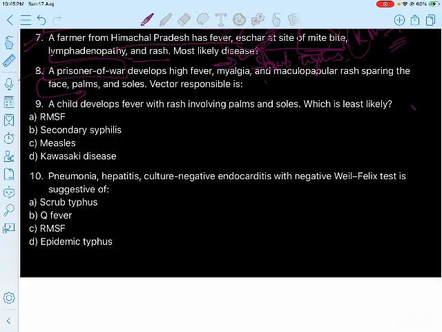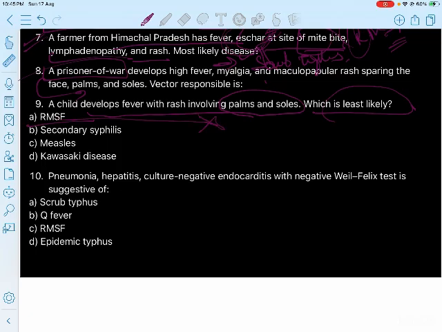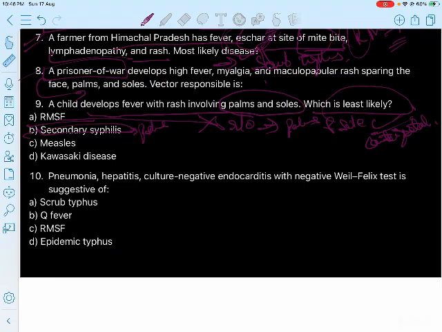A child develops fever with a rash involving palms and soles. So this is what I told you, which is least likely. Rocky Mountain spotted fever would be definitely ruled out because in this palms and soles are involved. It is centripetal, so this would be ruled out. Now secondary syphilis also involves palms and soles, so this is also ruled out.